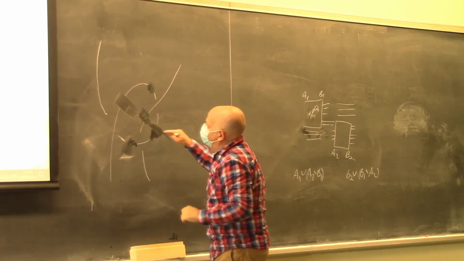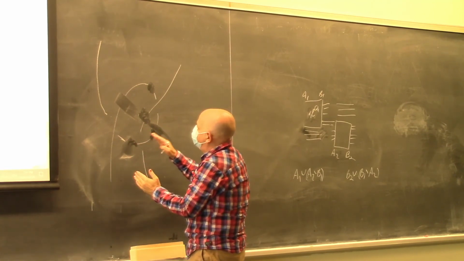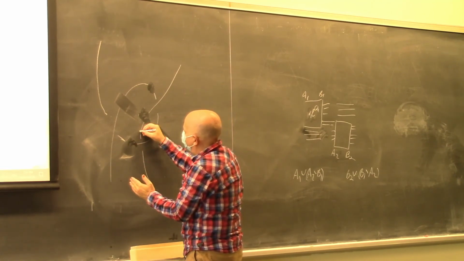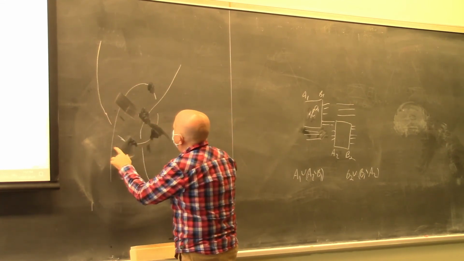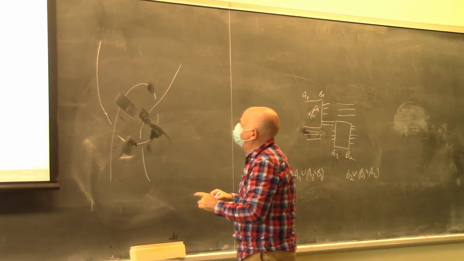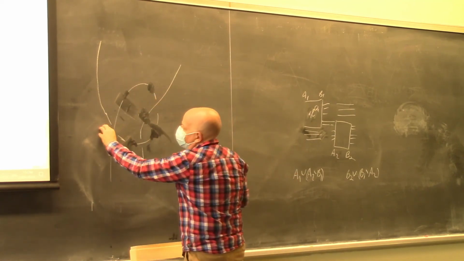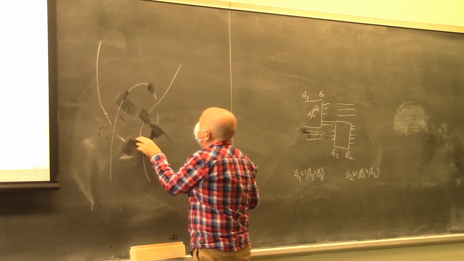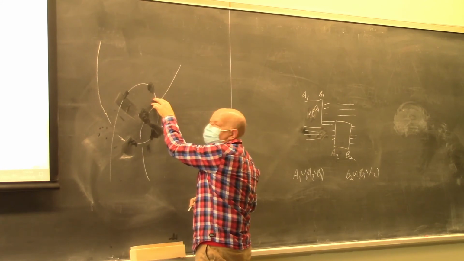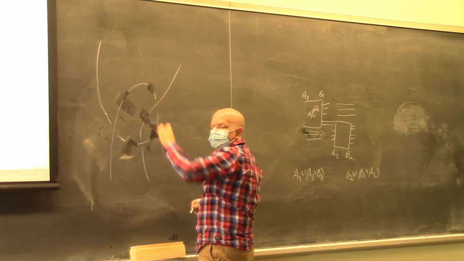And now I have 4 tangles in the picture, right? A crossing, another crossing, another crossing, and a rotation element.